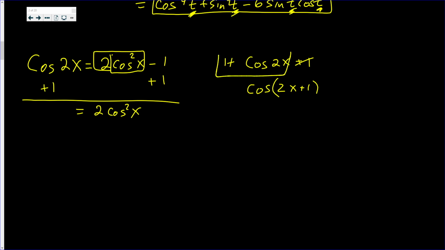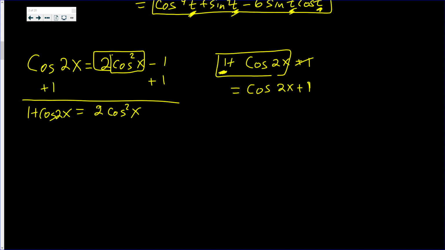Nobody should dare think that this equals cosine of 2x plus 1. That is not the angle. I won't say it's unreasonable to think that the angle here is 2x plus 1. Okay, so I'll write 1 plus cosine of 2x.